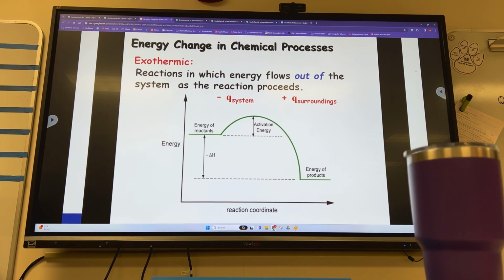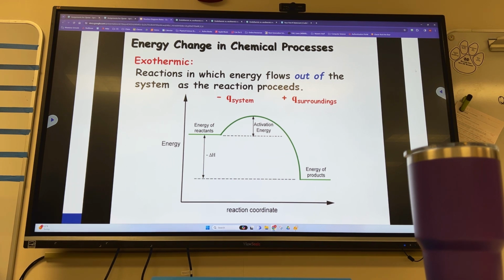Now again, this looks almost the same. It has all of the same labels. Energy of reactants, activation energy, energy of products, it's all there. But the shape is significantly different.